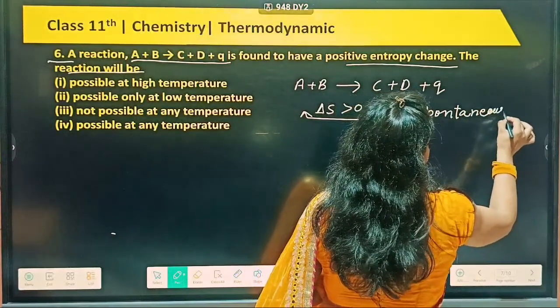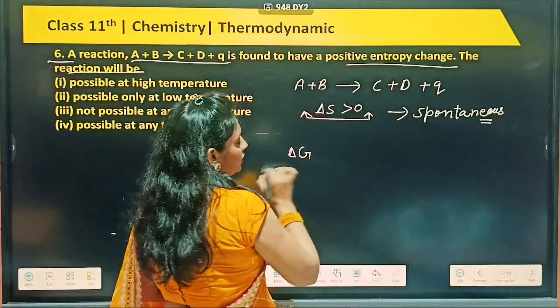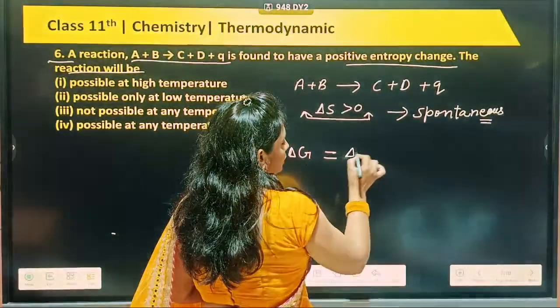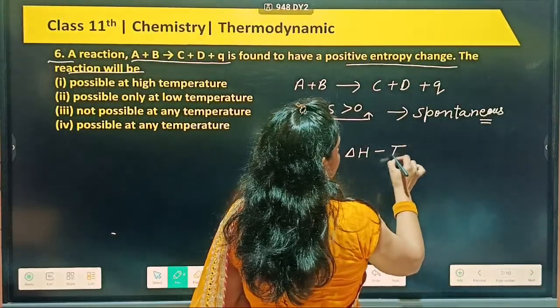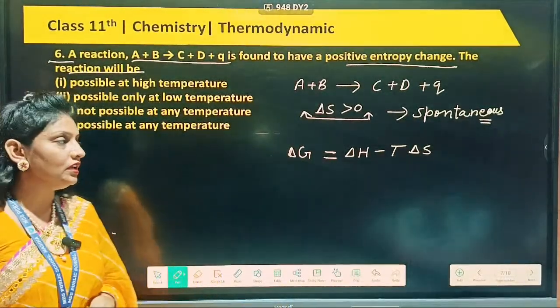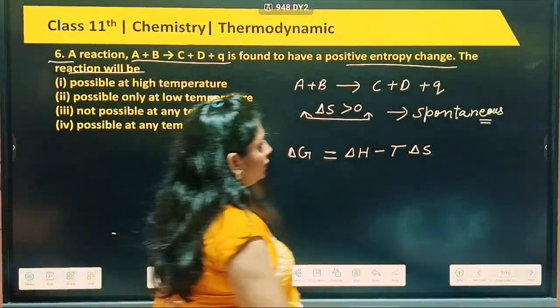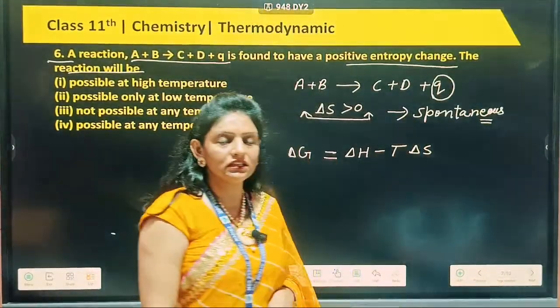And for verification, students, we can do this one also. Gibbs free energy, you have studied about that. Del G is equal to del H minus T del S. This is the relation. Then, students, here you can see during this reaction heat is evolved.